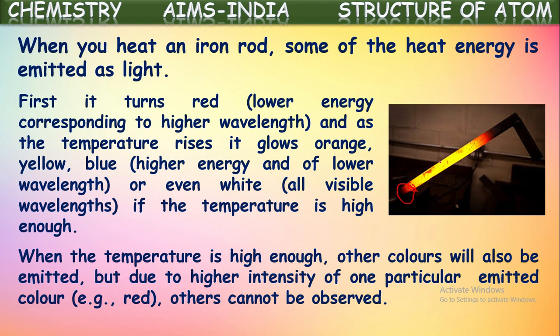So, as the iron rod is continuously heated, at the start it may be seen in red color, and slowly the color changes as heat increases: orange, yellow, and blue also. And at very high temperatures, it glows white. So when the temperature is high enough, almost all the colors are emitted. But out of these, one has a higher intensity than the others, so only that is seen, and the remaining cannot be observed.